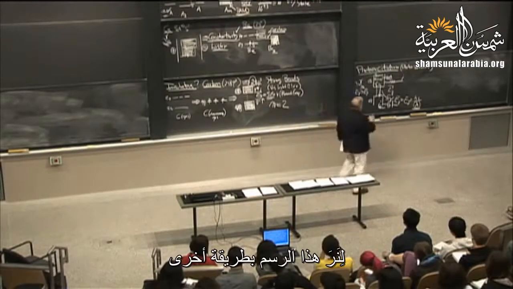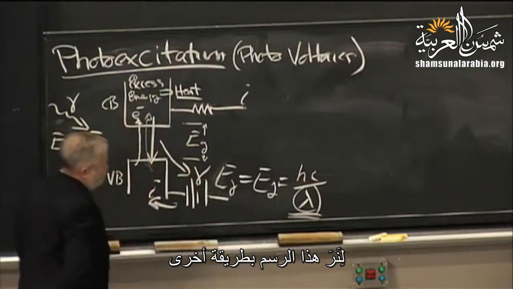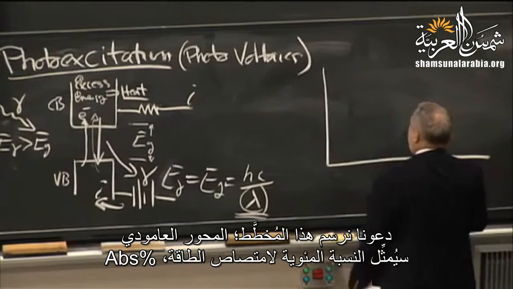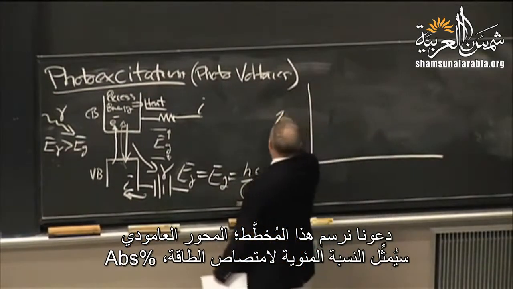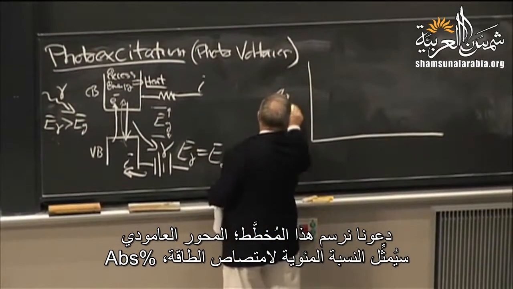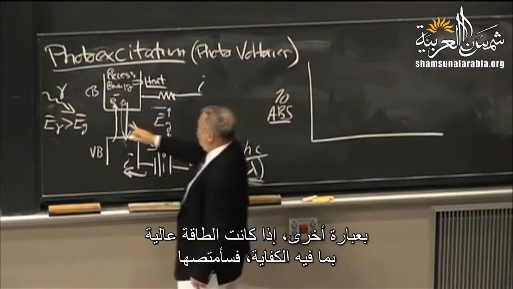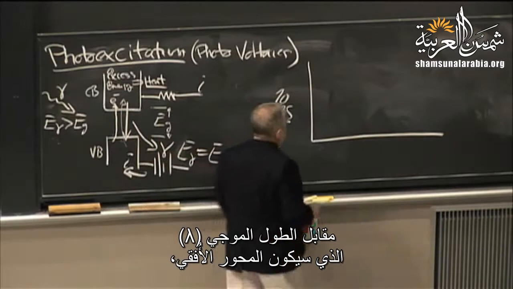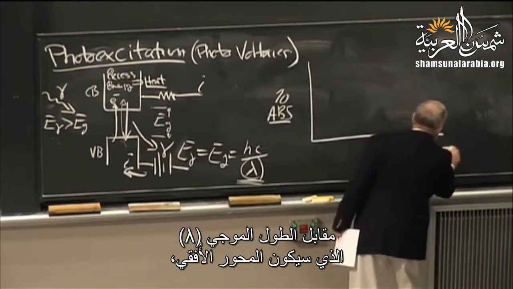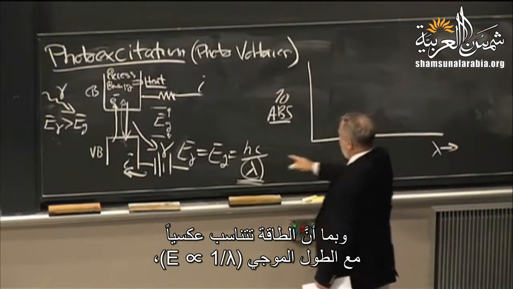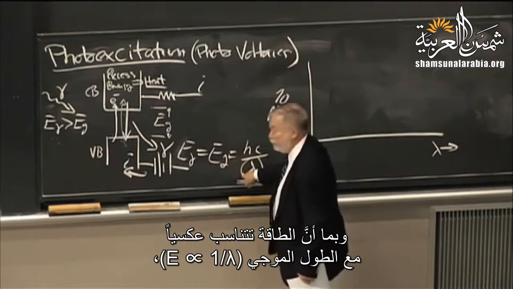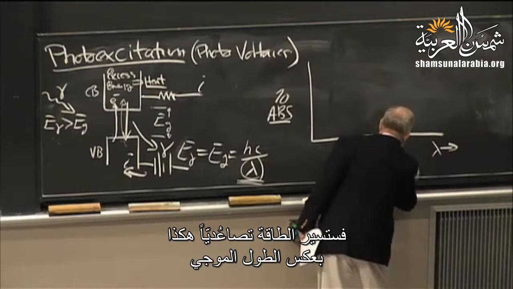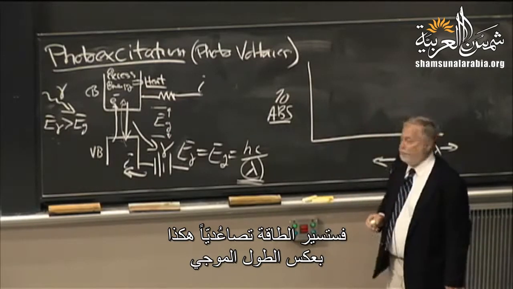Okay, let's put this in another way. All right, let's plot the percent absorption. In other words, if the energy's high enough, I absorb. Versus wavelength this way, and since energy is inversely proportional to wavelength, we have energy going this way, all right?